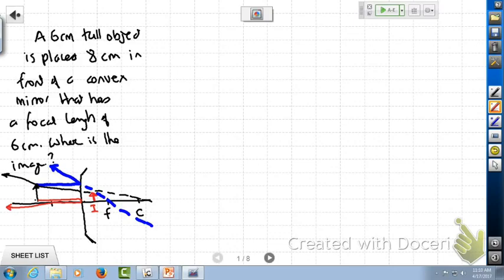Let's see if that's true mathematically. So let's come along here. Leave it in red. I'm going to say 1 over P plus 1 over Q equals 1 over F. Now my P is 8 centimetres.